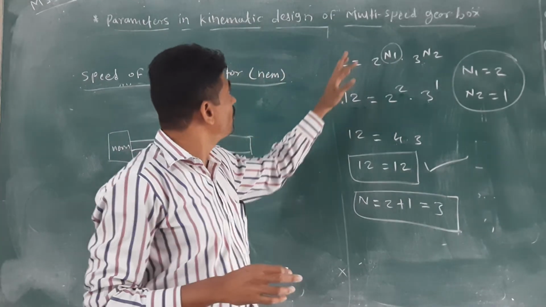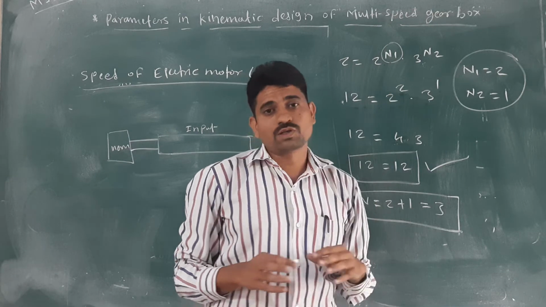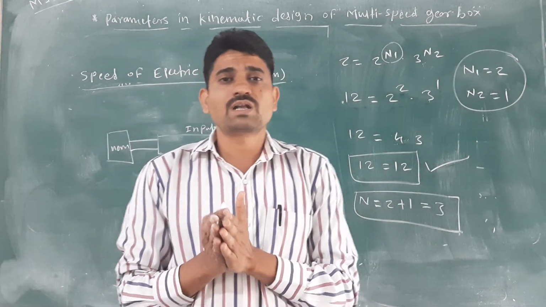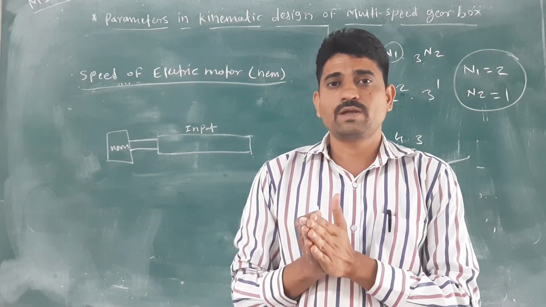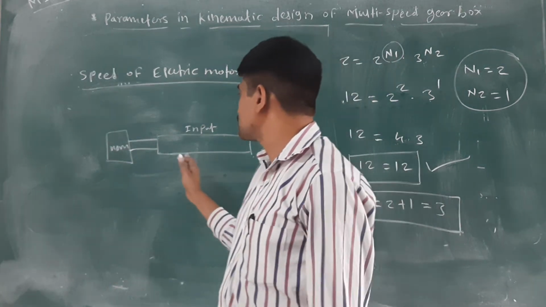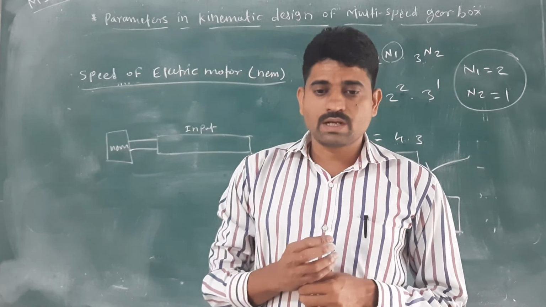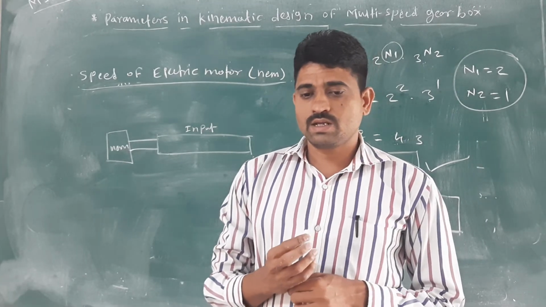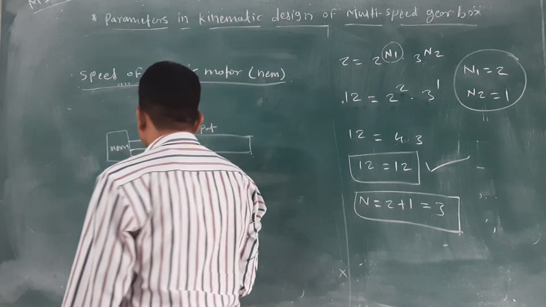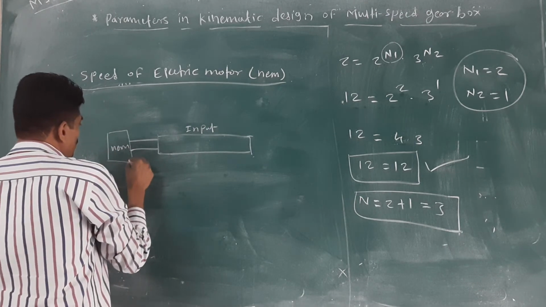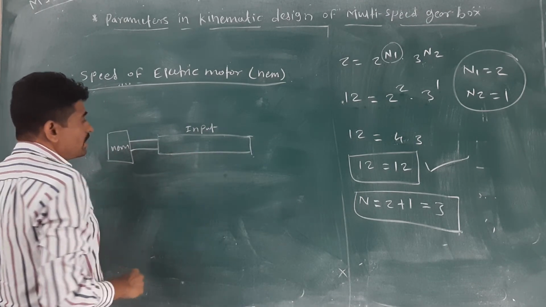We want the multi-speed gearbox. If you want multiple outputs, then we want to change the speed of the input shaft. How to change the speed of NEM going to the input shaft?